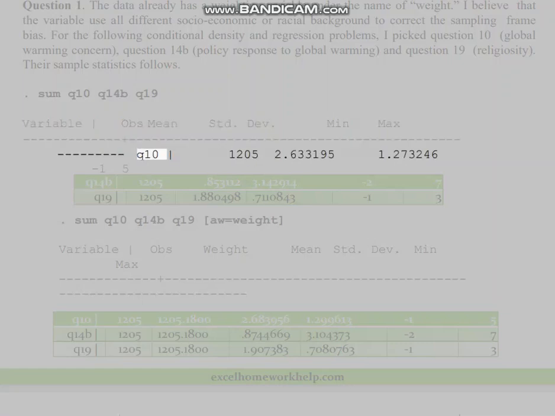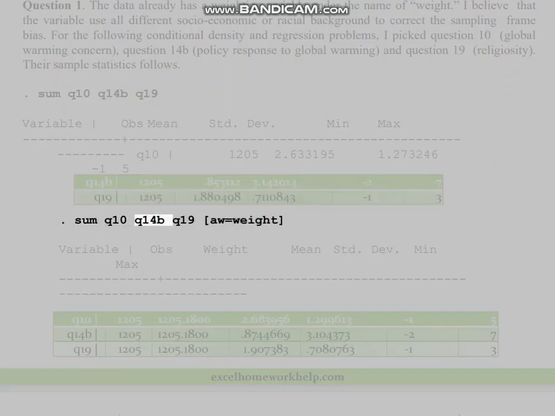Q10, 1205, 2.633195, 1.273246, minus 1, 5. Q14b, 1205, .853112, minus 2, 7. Q19, 1205, 1.880498, .7110843, minus 1, 3.